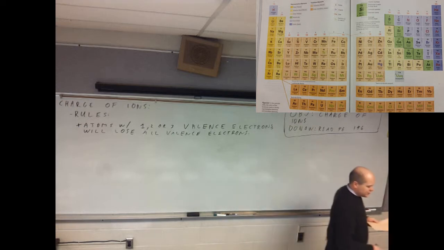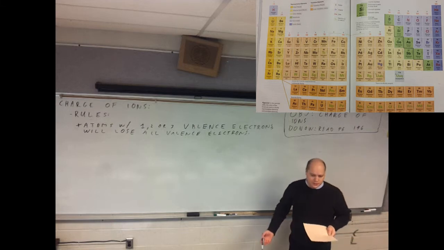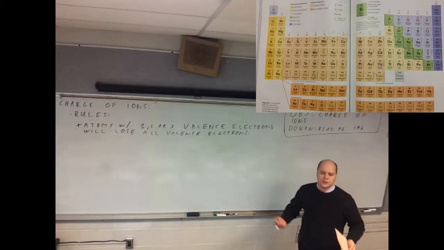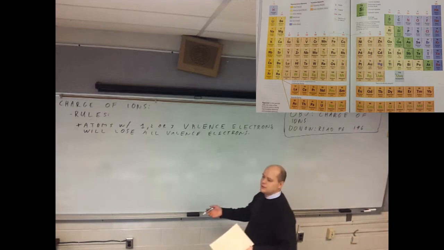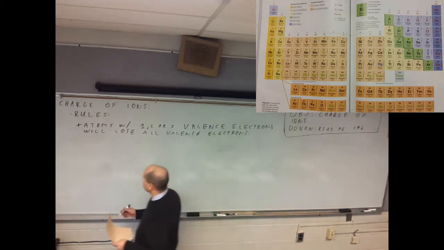So what that should mean to you is, if something has 2 valence electrons, it's going to end up with a +2 charge, because it's going to lose 2 electrons. If something has 3 valence electrons, it's going to lose 3, it's going to have a +3 charge. Okay, so this makes it pretty easy.